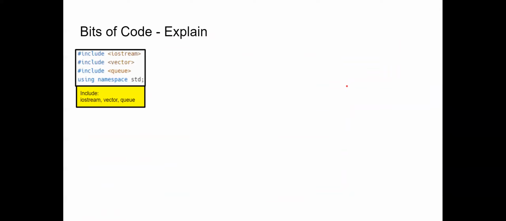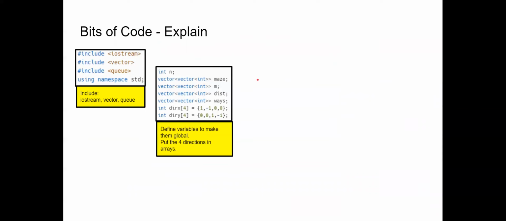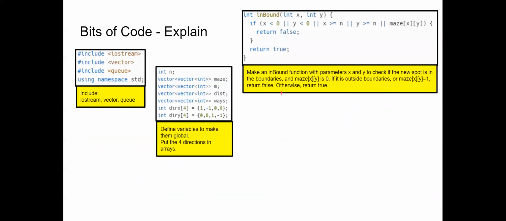So now I'm going to go through my code that I did for this problem. So I included iostream, vector, and queue. That's my usual amount that I include, and that's the necessary. So then I had the vectors maze, visited, distance, and ways. And then I had the directions arrays. And then I have the inBounds function, which just checks if it's in bounds, and int, it could also be boolean, both work.